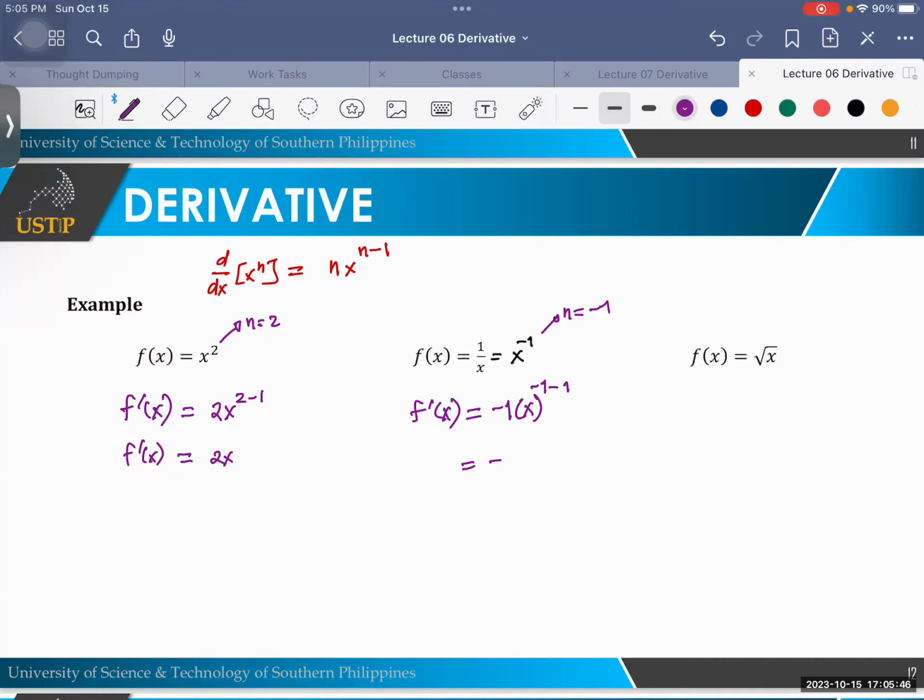So that is negative x raised to negative 2. Now, that can be an answer. However, it's nicer if your exponents are positive. So we just express it back into this form. That is simply equal to negative 1 over x squared, so that our exponent is positive.